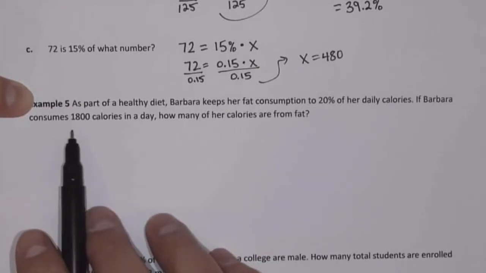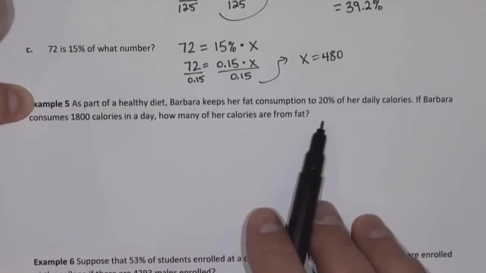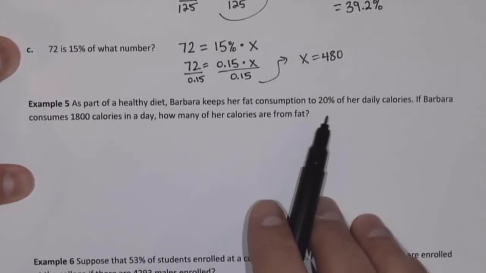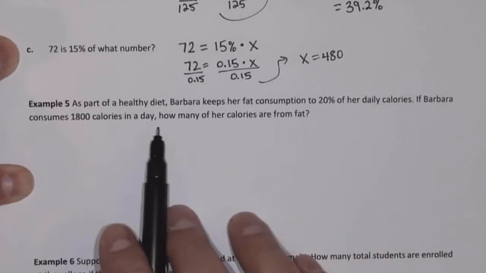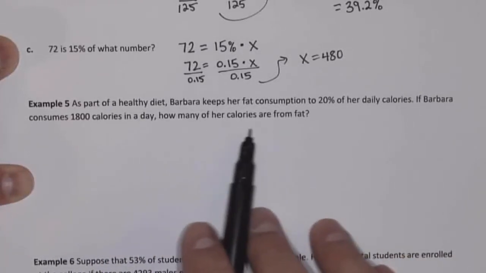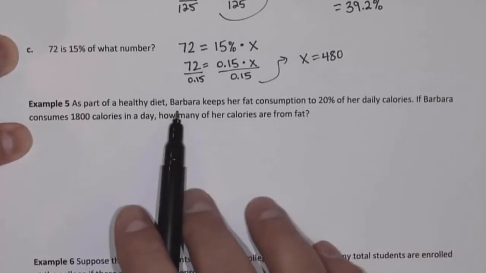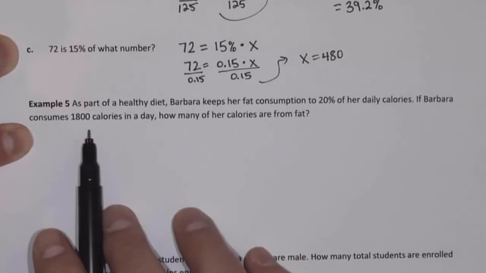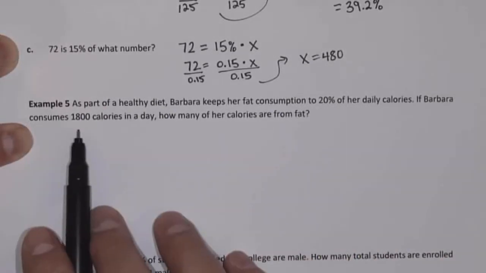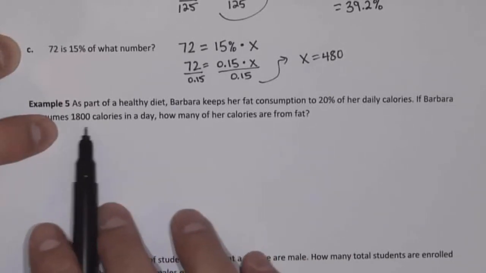If Barbara consumes 1,800 calories in a day, how many of her calories are from fat? What we're looking for is how many of her daily calories come from fat.